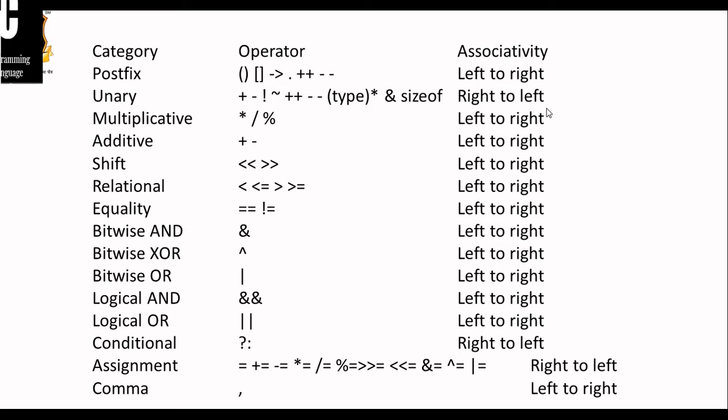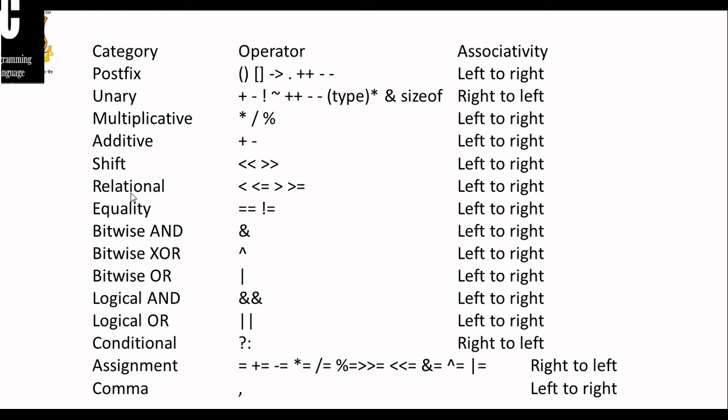These are the different unary operators having right to left associativity. Then multiplicative operator, then additive operator, then shift operator. These are the different types of operators, and here are the different symbols for them. See, the comma operator has the lowest precedence, and it is from left to right.